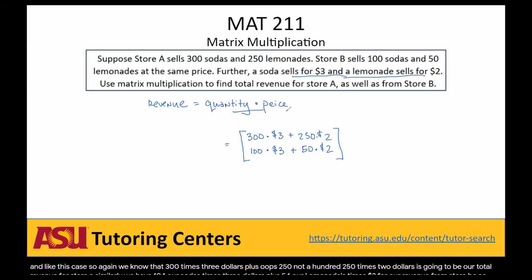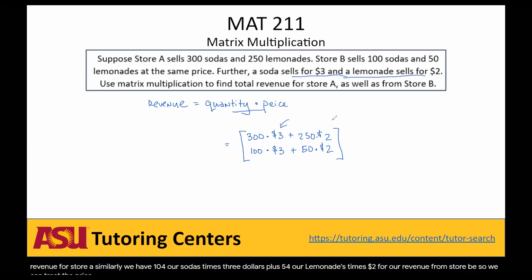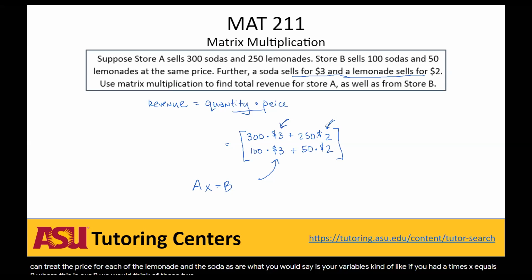So we can treat the price for each of the lemonade and the soda as your variables. Kind of like if you had A times X equals B, where this is our B, we would think of these two price points as our variables, our X's in this case.